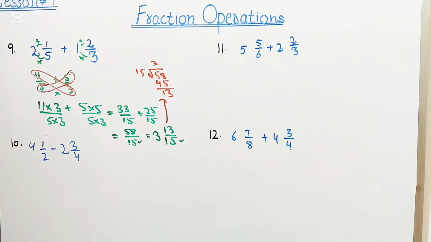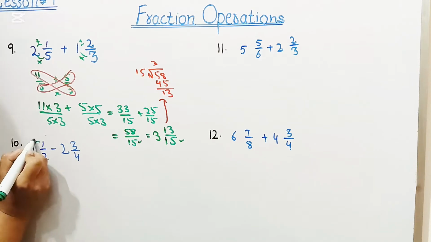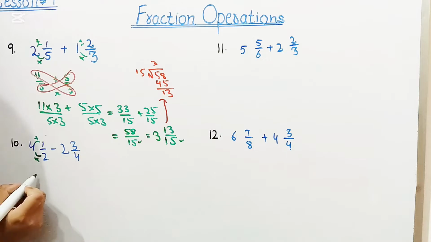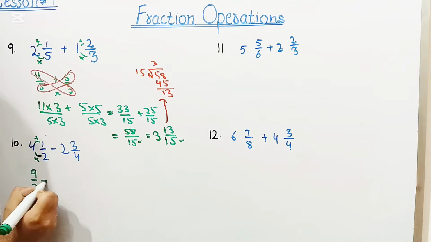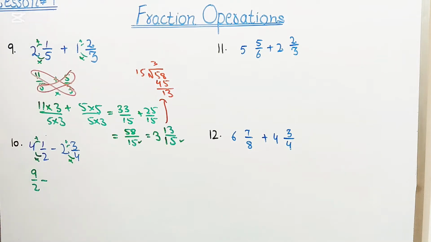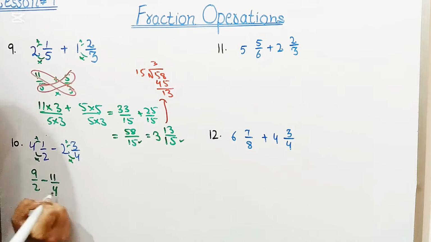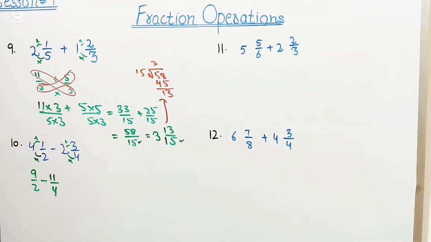Next question number 10. 4 into 1 over 2 minus 2, 3 by 4. Multiply and then add. 4 2s are 8, 9 over 2 minus 4 2s are 8 plus 3, 11 over 4. Now we can use both methods.